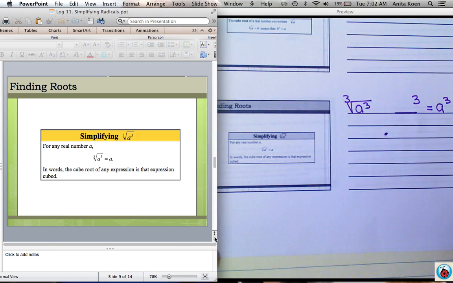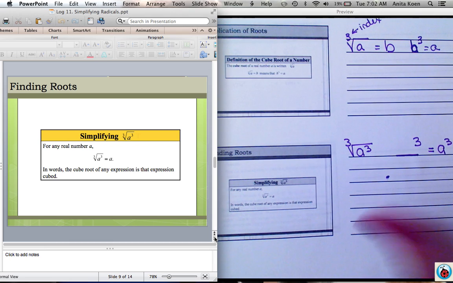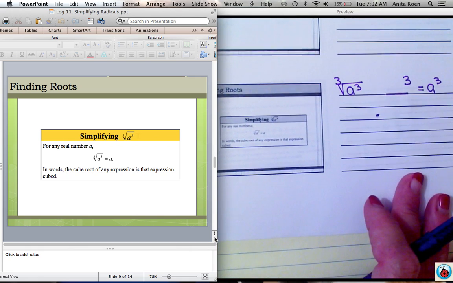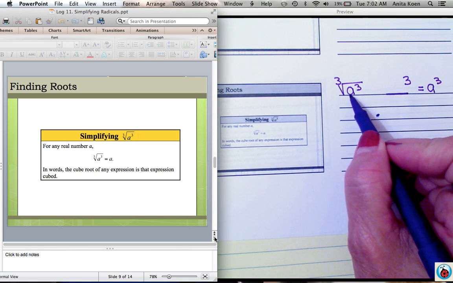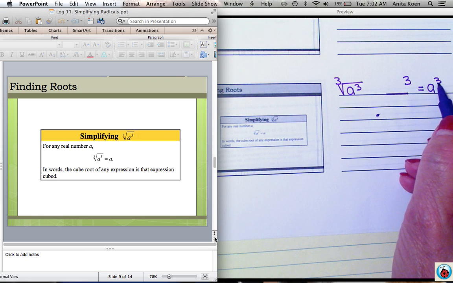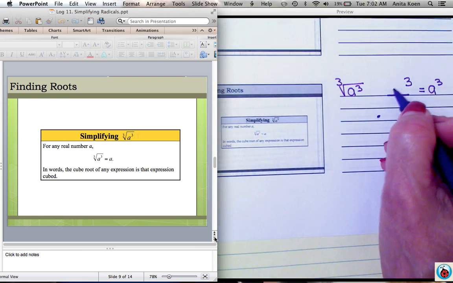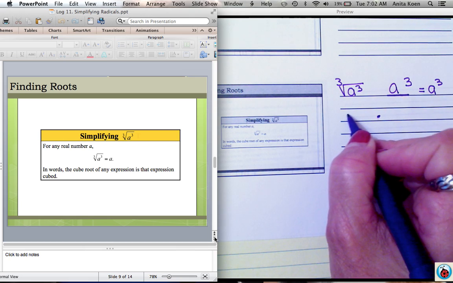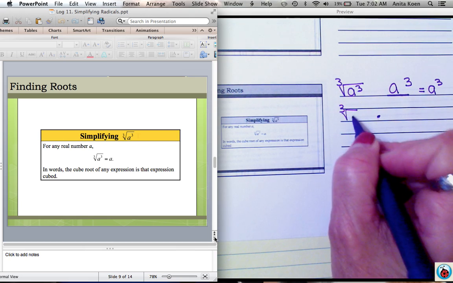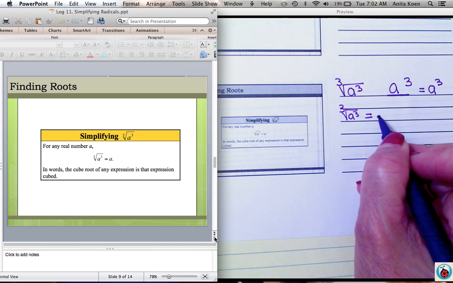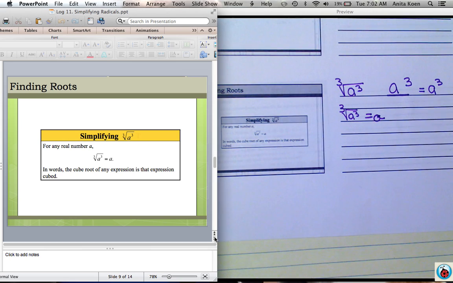Just like we had up here, b raised to the third power gives me a. Well, that would obviously be a. So the cube root of a cubed is equal to a.